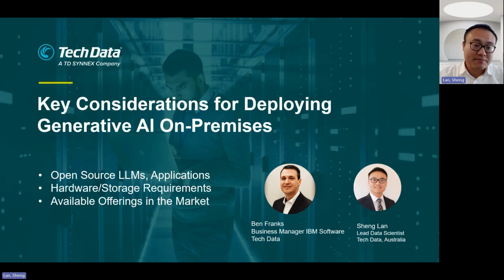So for today, we'll use 30 minutes to talk about the high-level key considerations when you want to deploy generative AI on-prem. Before we start on the details, we can briefly talk about the benefits of on-prem generative AI. I think there are two main benefits. The first one is obviously that you keep all your data on-prem, within your network and organization.